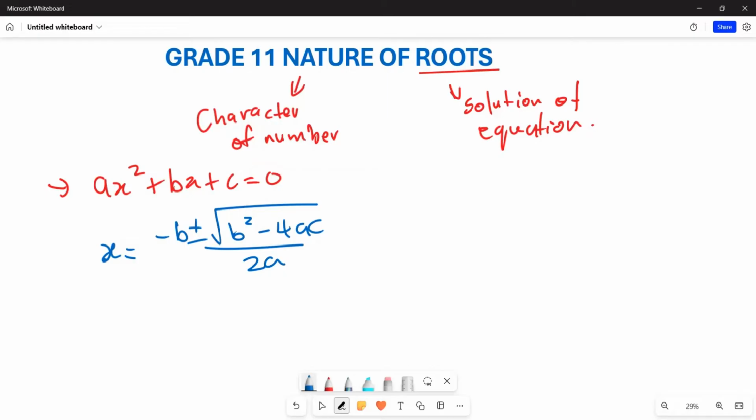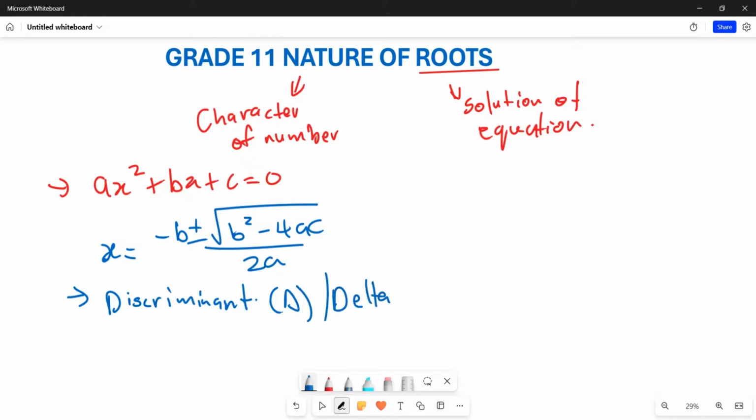So we are saying your nature of root can be defined by the discriminant. The discriminant is also represented by this triangular type of symbol, which others call your delta.